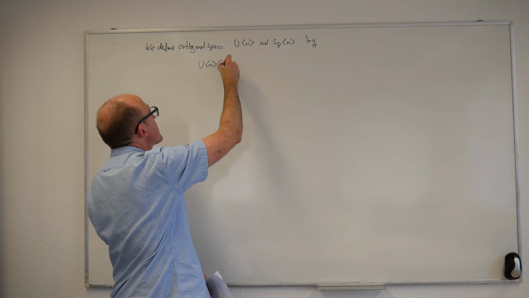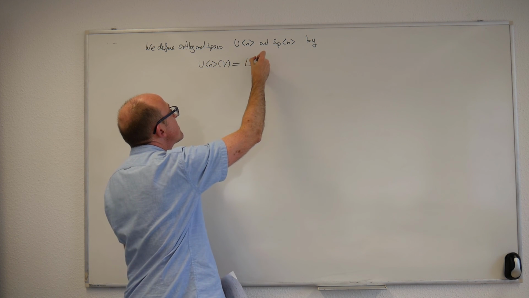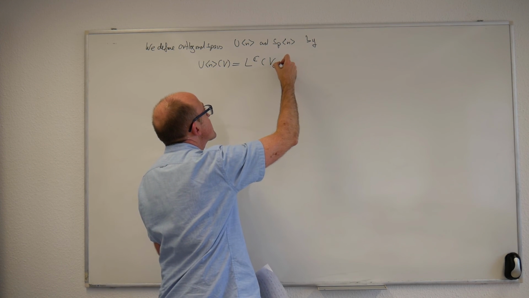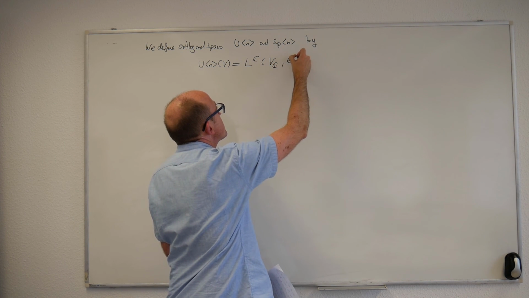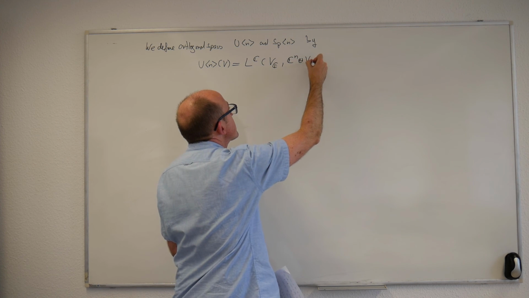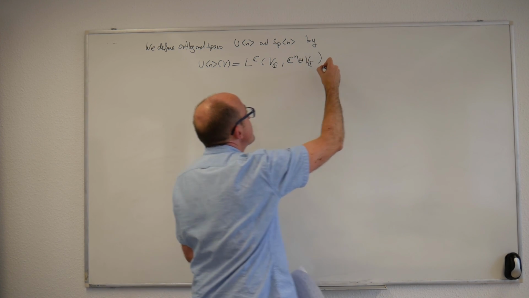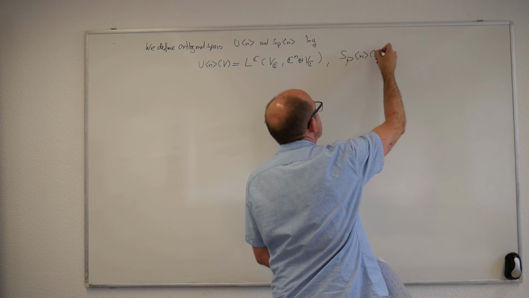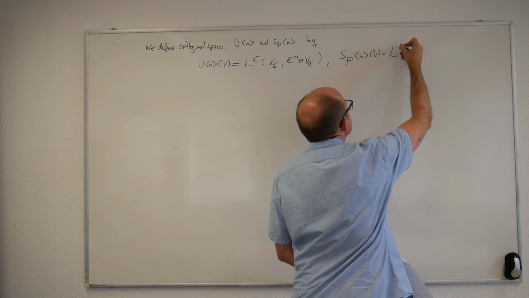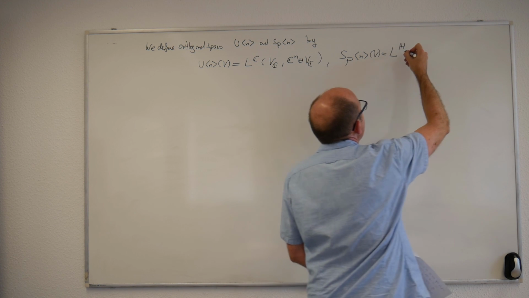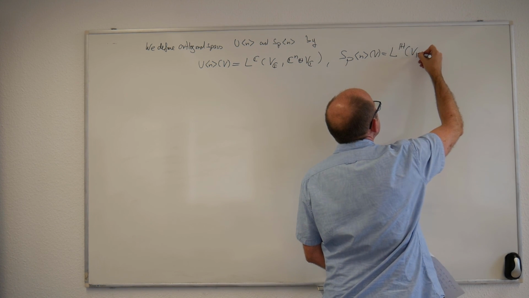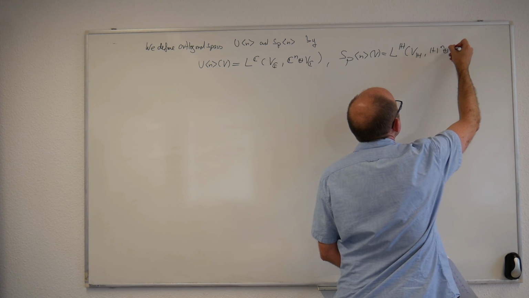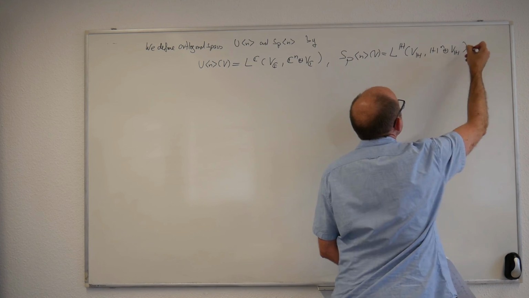U⟨n⟩ at a real inner product space V is the space of linear isometric embeddings from the complexification of V into C^n plus the complexification of V. And similarly, SP⟨n⟩ at a real inner product space V is the space of H-linear isometric embeddings from the quaternification of V into H^n plus V quaternified.